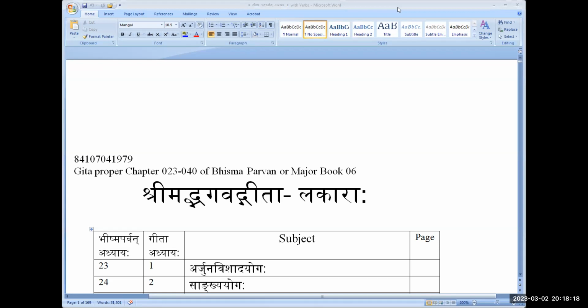I can't take the iPad. We are still seeing Lakara. Yeah, I removed that. That is fine. So you are seeing this page, lakaras. Yes. But let me put this one here.